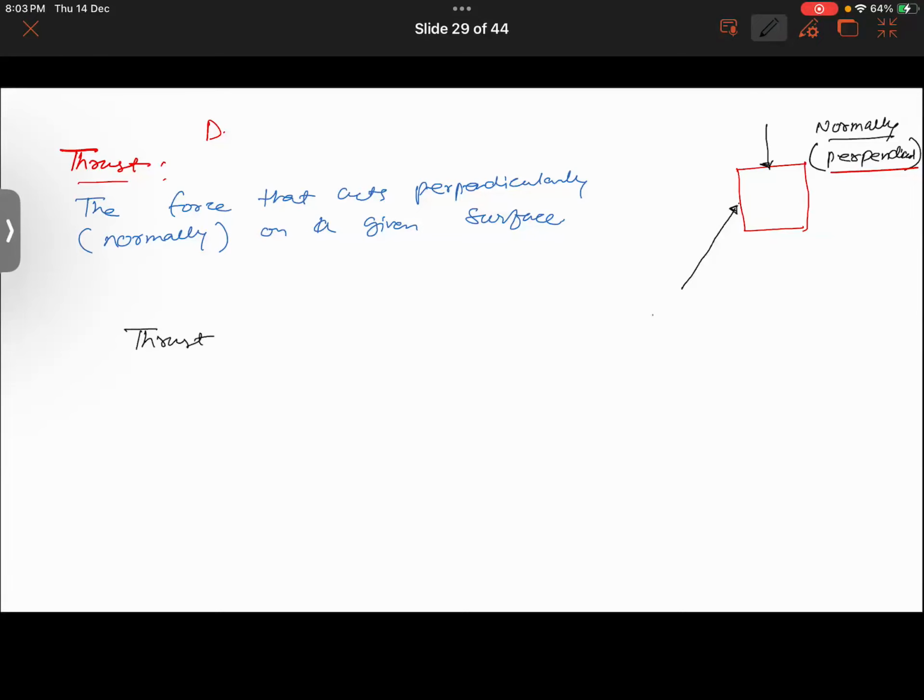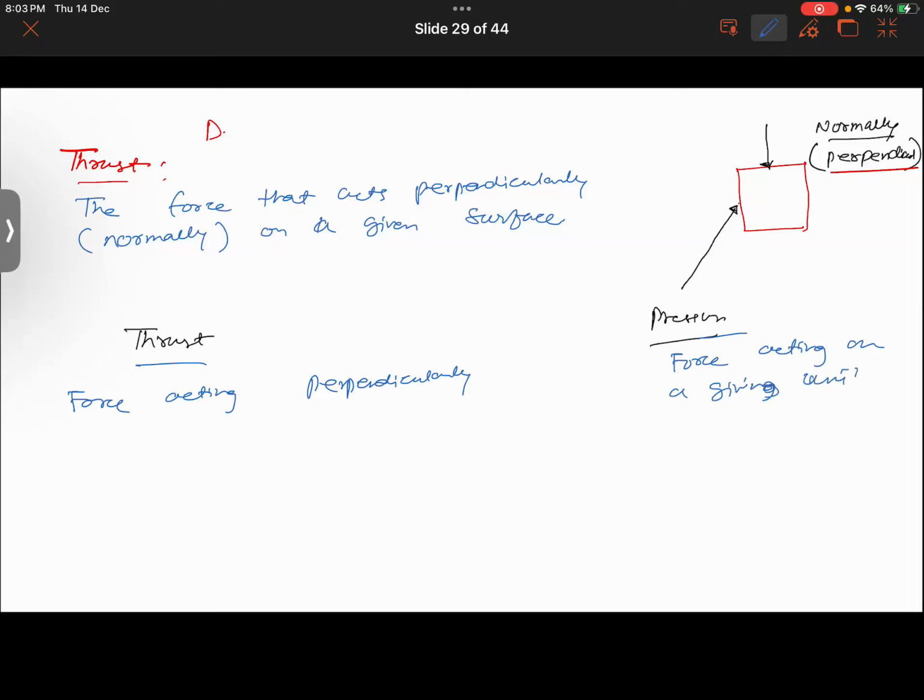This is thrust, this is pressure. When you talk about thrust, you say force acting perpendicularly. While when you talk about pressure, you say force acting on a given unit area.